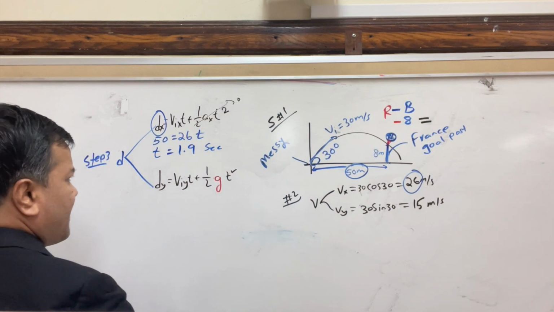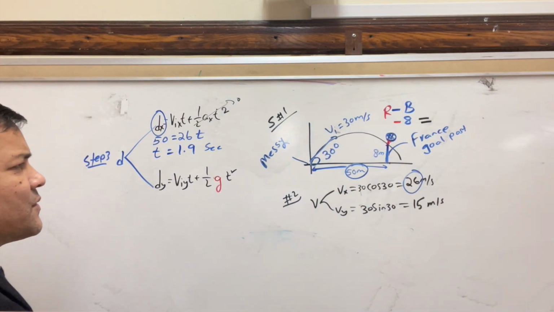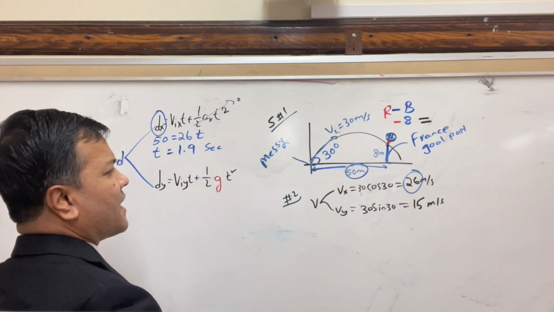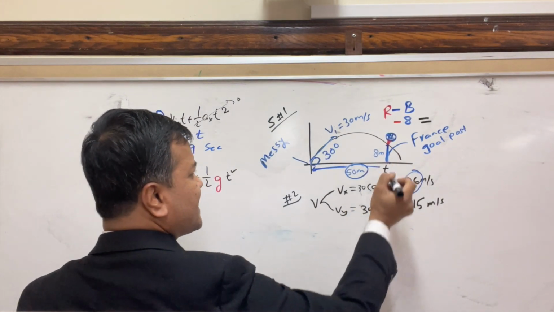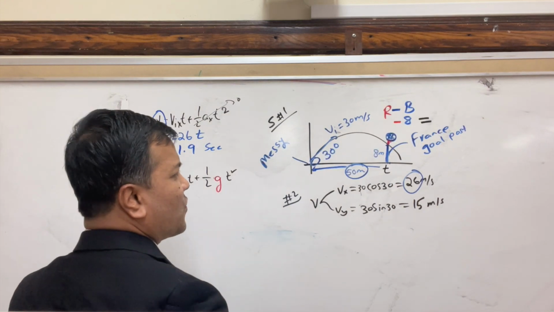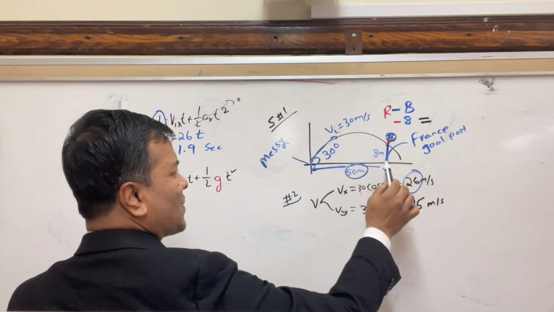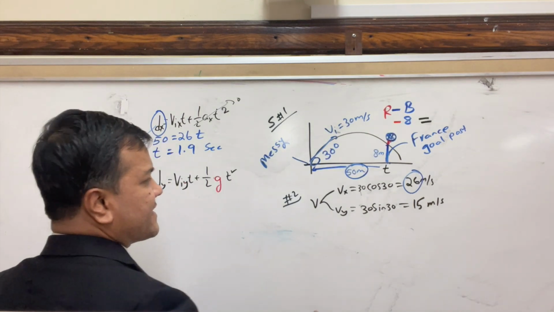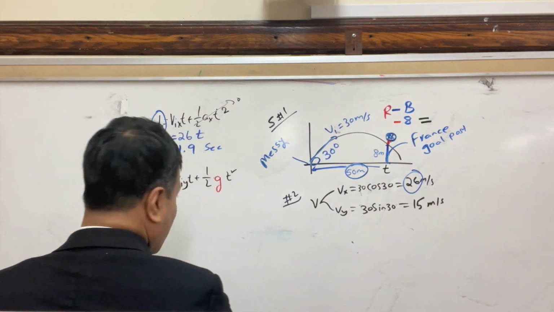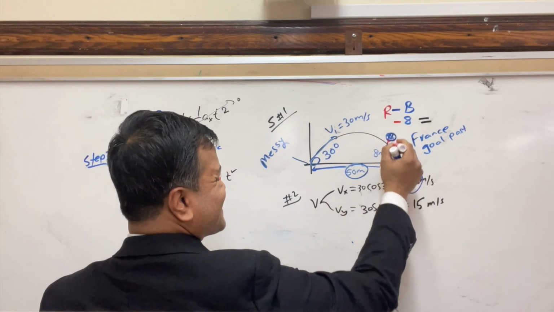Now that you have this, you want to know the x, comma, y. What does that mean? X is the t. And what is your y? Y is the height. Y is the red plus blue. Y is the whole thing.